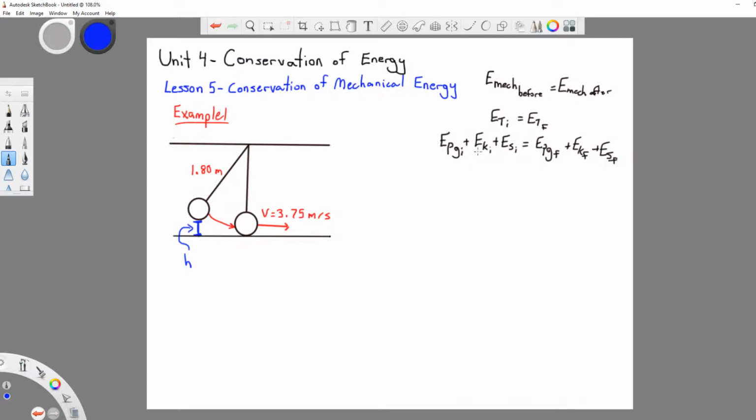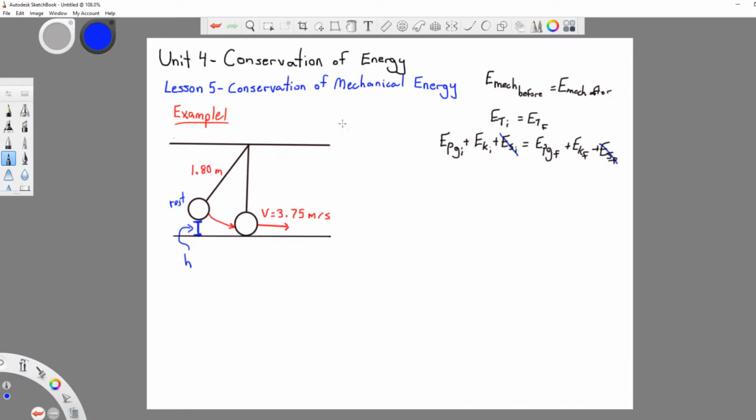We're going to use this expanded out formula that we already have. There's no springs in this situation, so let's get rid of these springs right away. Well, let's look at the before situation. Before situation, this is at rest because it's at max height. So there's no kinetic energy because kinetic energy would require velocity, right?